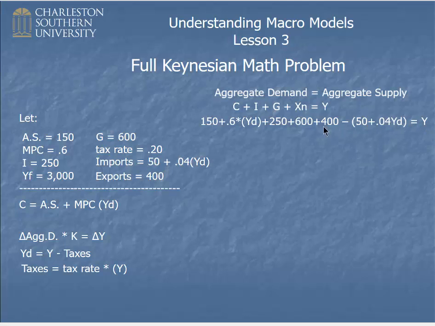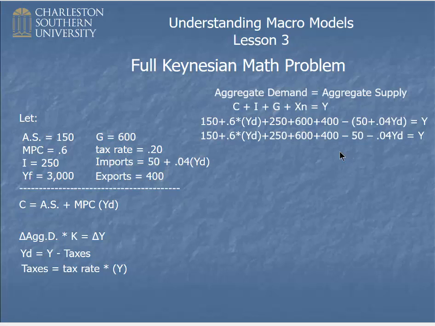Now the first thing I'm going to do is I'm going to distribute this negative sign through these parentheses, because it's really easy for students to screw this up. So this negative sign goes on this and on that. So I'm distributing the negative signs. So now it looks like this, minus 50 and minus 0.04 YD.